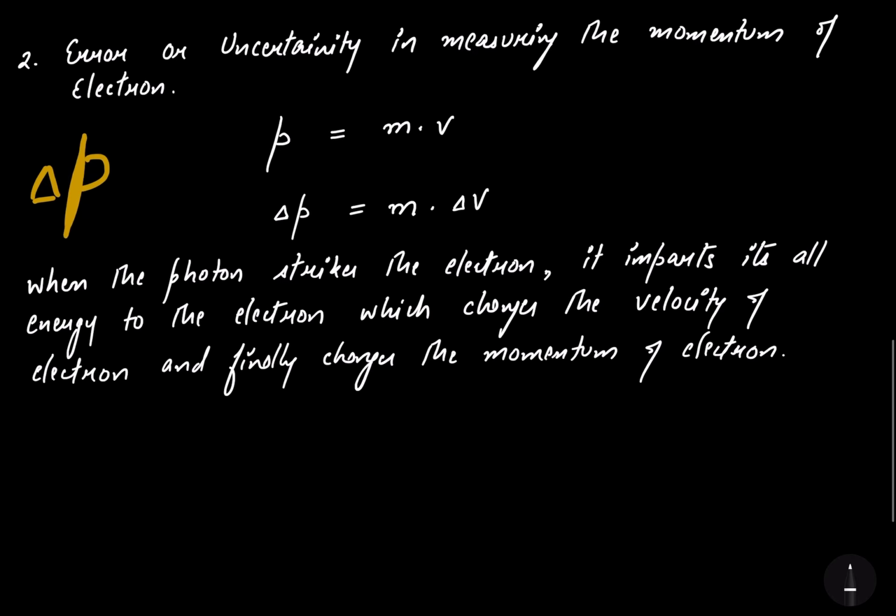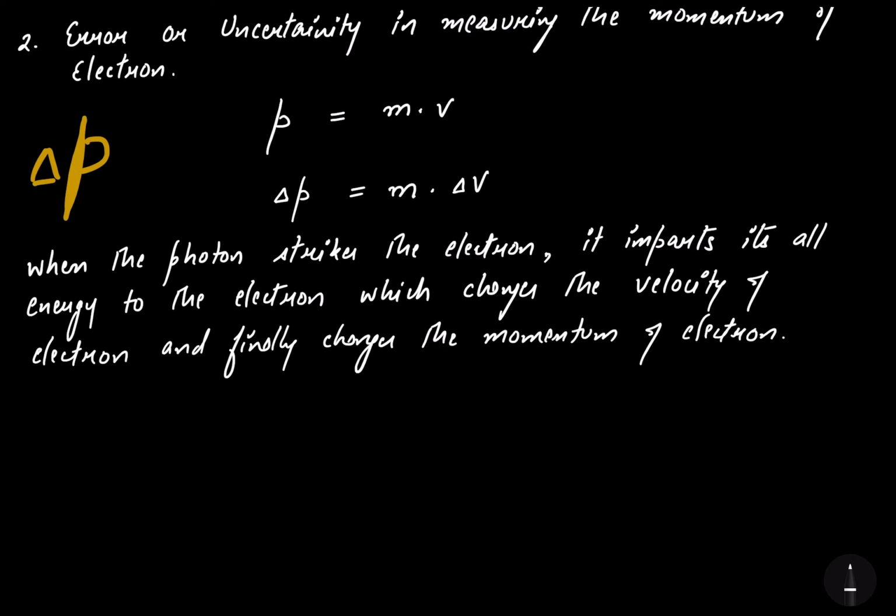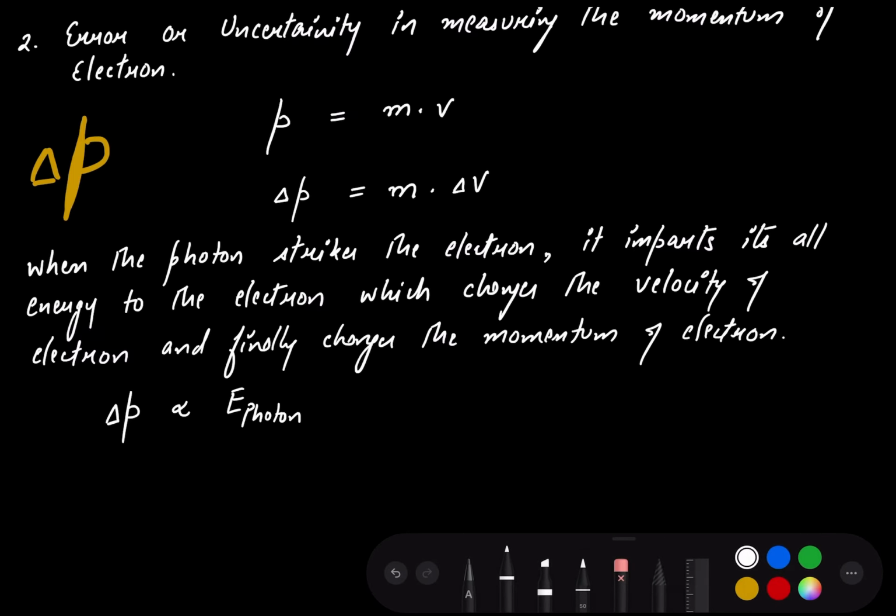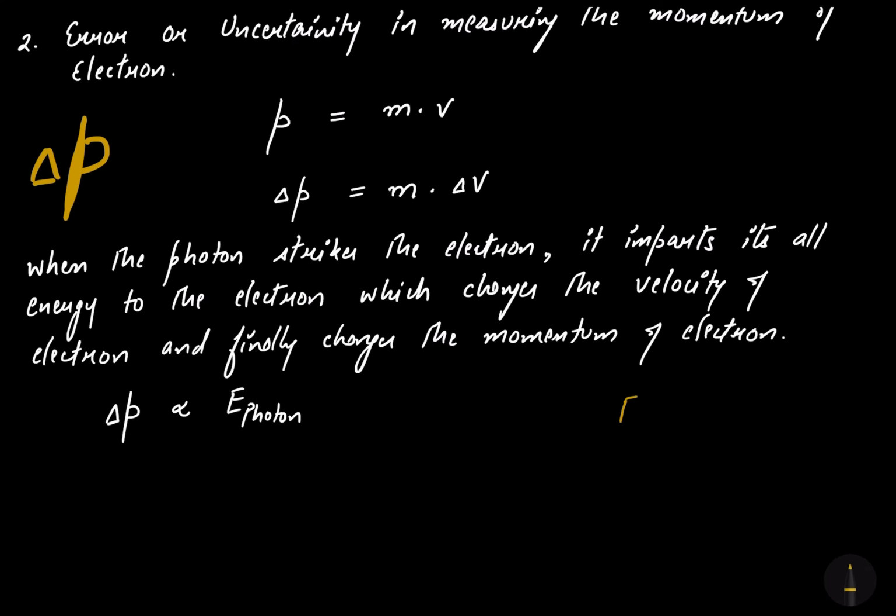Now, let's talk about it. That means the change in momentum will be directly proportional to the energy of the photon. On the other hand, we know the formula for the energy of photon is equal to hc by lambda, where lambda is the wavelength.